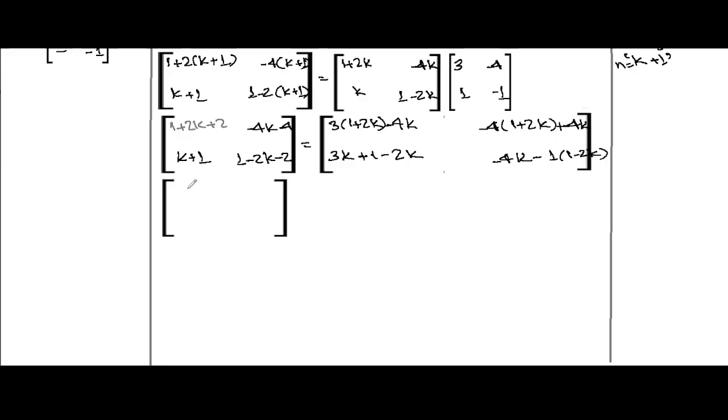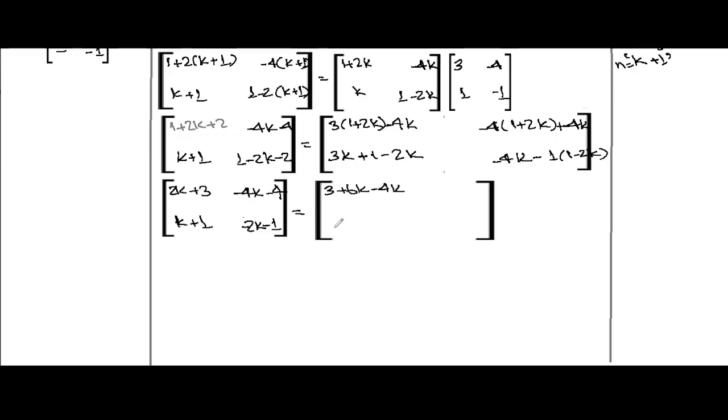Now solving this side further, we get 2k plus 2 plus 1 gives us 3. This entry remains the same, k plus 1. There's nothing to solve over here. And then this also remains the same, minus 4k minus 4. And then this entry will become minus 2k, and then minus 2 plus 1 gives us minus 1, equals, the first entry would become 3 plus 6k minus 4k.